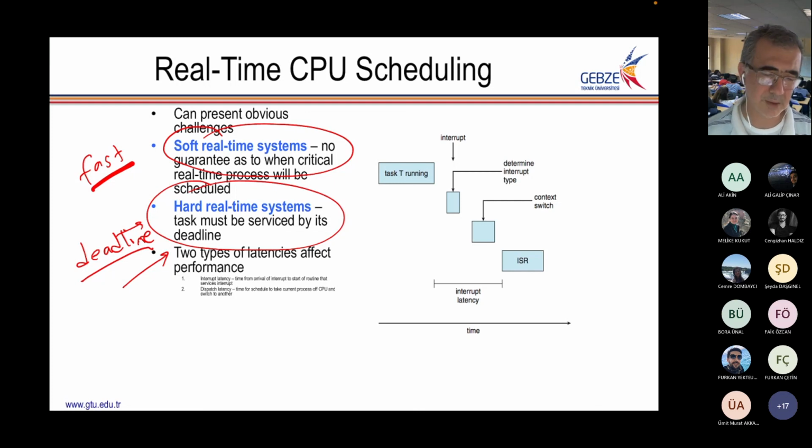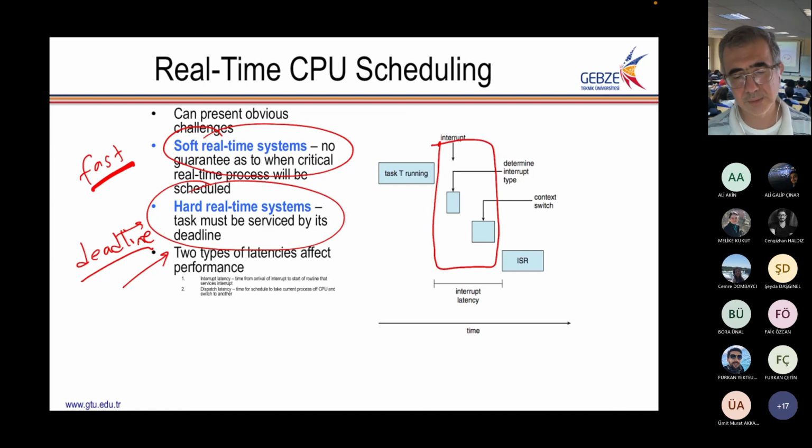Both soft real-time systems and hard real-time systems compute the scheduling when there is a timer interrupt. So when one task is running, the timer interrupt comes. What kind of timer interrupt or another interrupt is happening? So you do operations, you save the registers, and the interrupt service routine is executed.